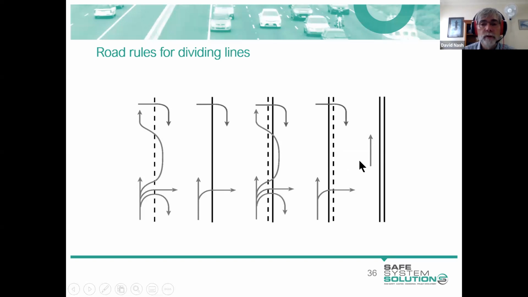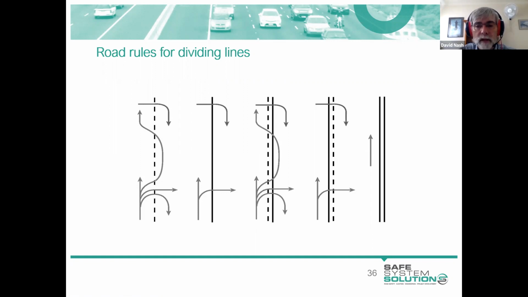So if you want to prevent overtaking, do you simply use a continuous line or a double line? And there is some guidance on that. Generally speaking, we say stick with the double line because that's what drivers have known for a long time. Most drivers are used to that.